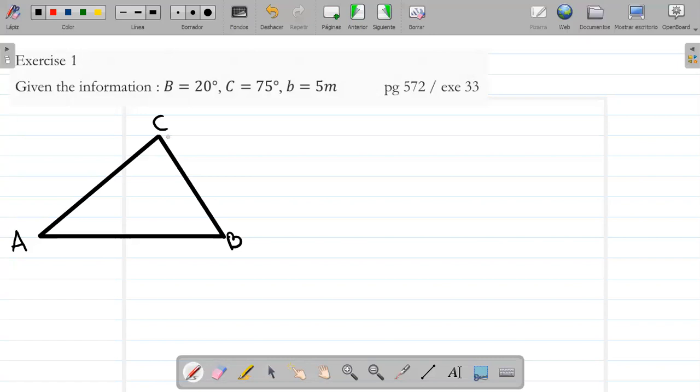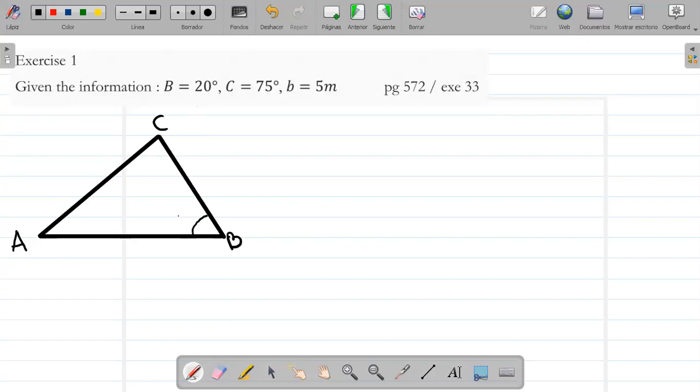An exercise is like this: given the information, B equals, C equals. Something I did that's different from your book is that they don't work with measurements, but to make this more interesting and in context, I give some measurements. So let's fit the information: angle B is 20 degrees.